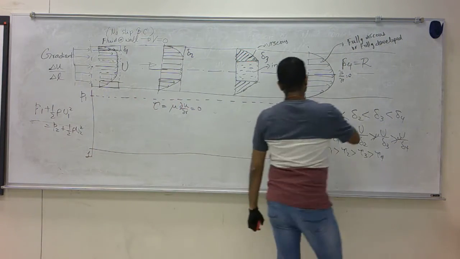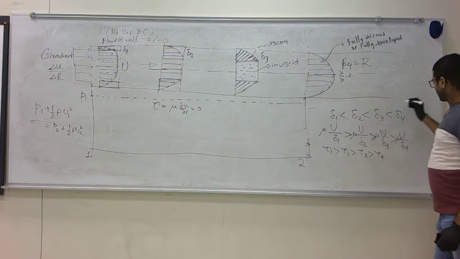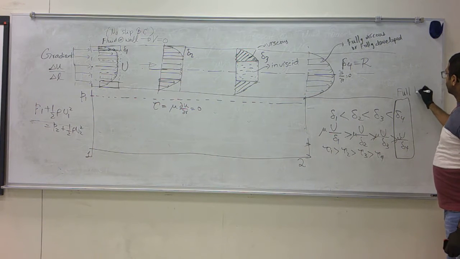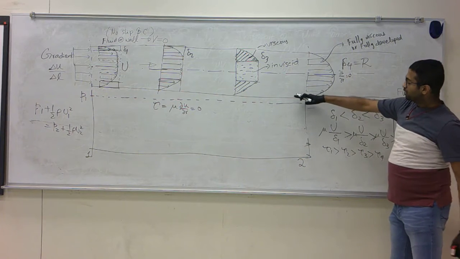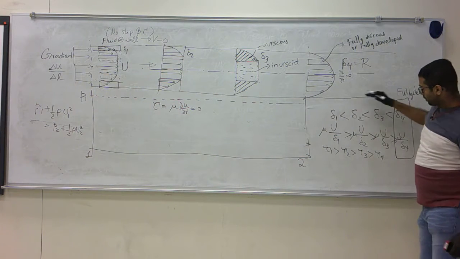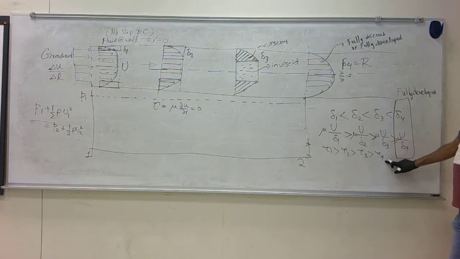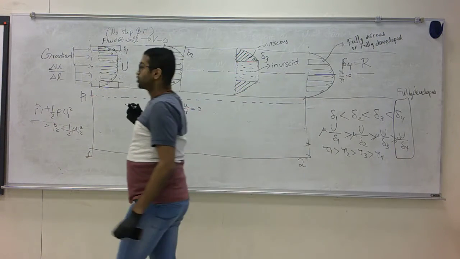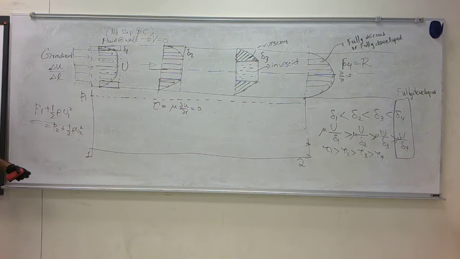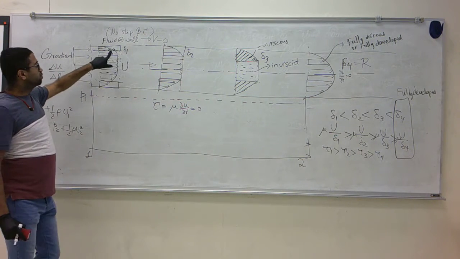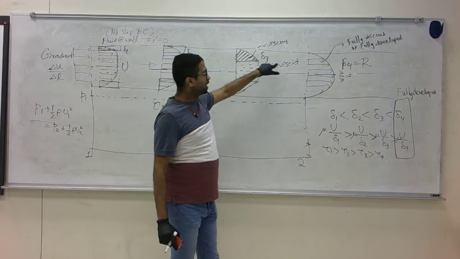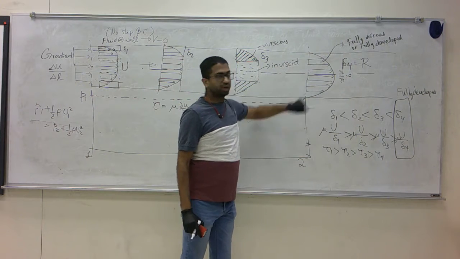And section 4 is also part of the fully developed region. That is, from here on, the shear stress, whatever it is at this section, tau 4, doesn't change anymore. So if you think shear stress is responsible for stealing energy from the flow, the stealing is most at the beginning, it reduces as we go on, and reaches a steady value from here on.